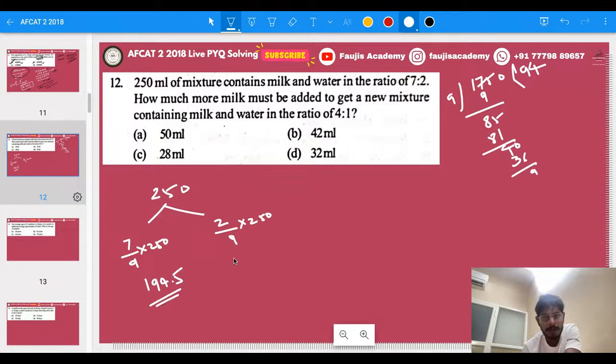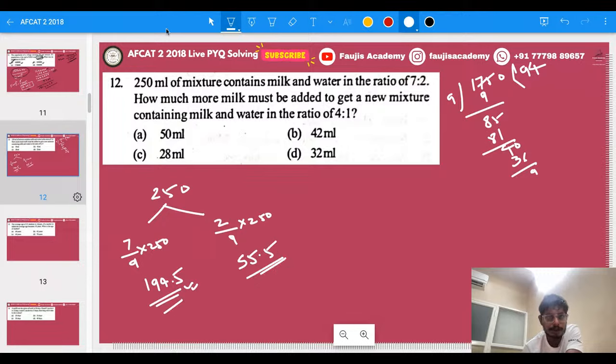So this is the amount of milk, and over here the amount of water will be how much? 250 minus this particular value. So we will get 55.5.